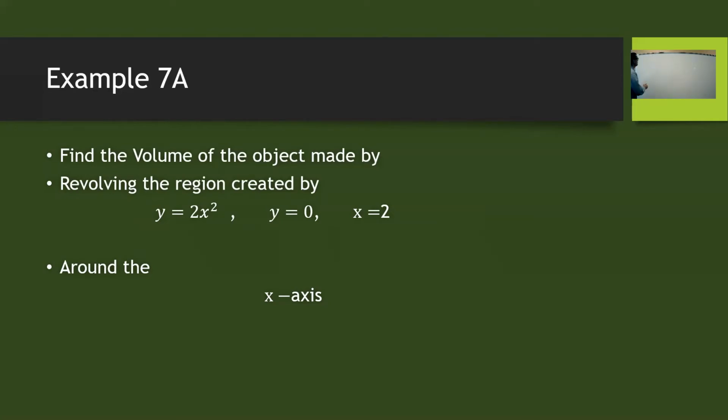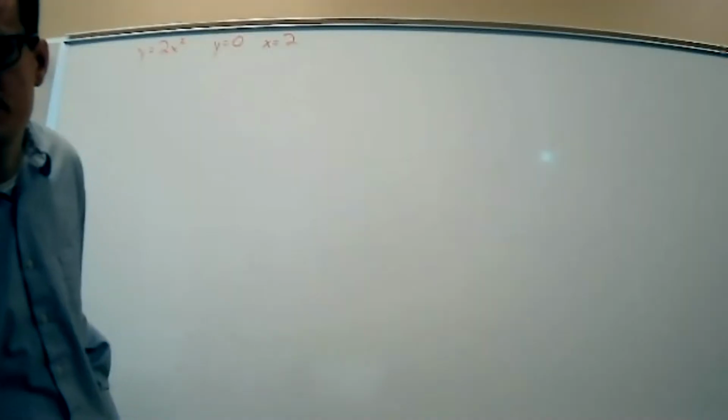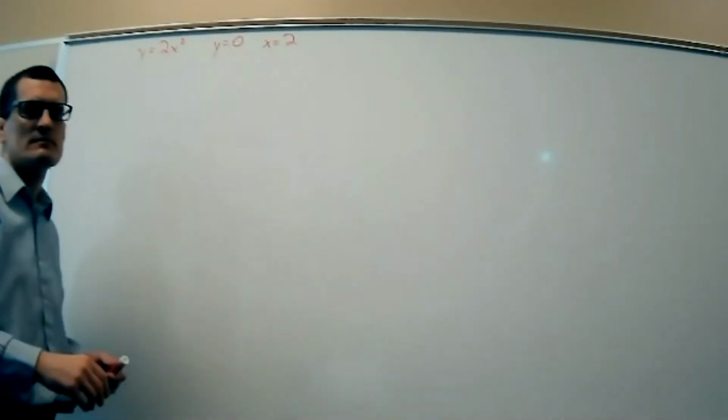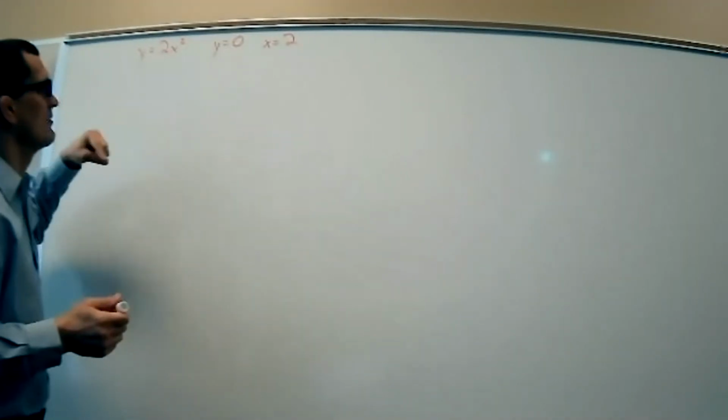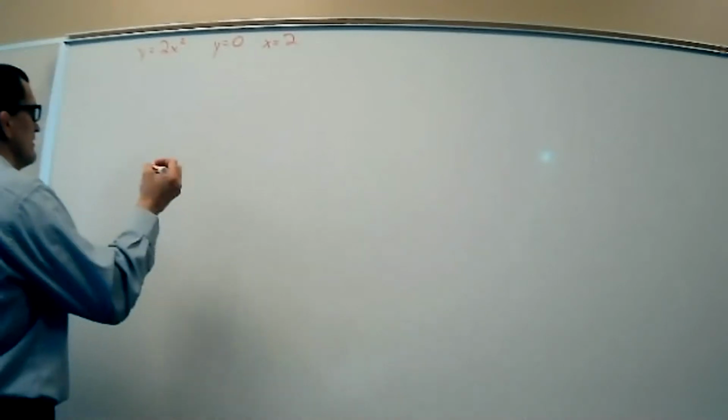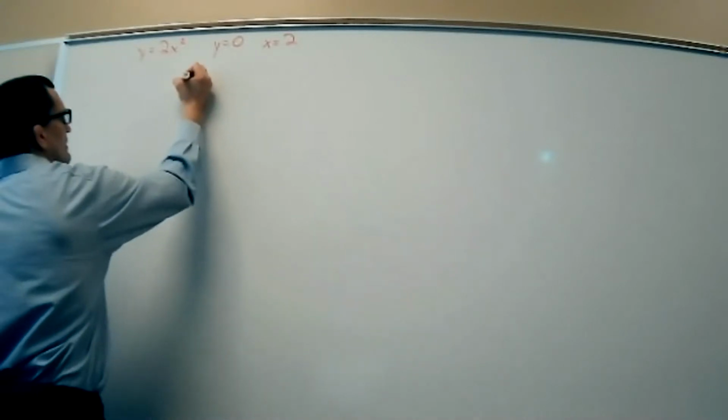Okay, y equals 2x squared, y equals 0, x equals 2. That's the region I'm looking at. That's the bounds on the region I'm looking at. And we want to revolve around the x-axis this time. So let's draw the region first.